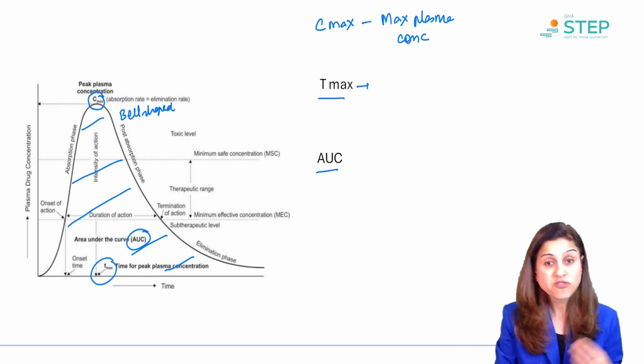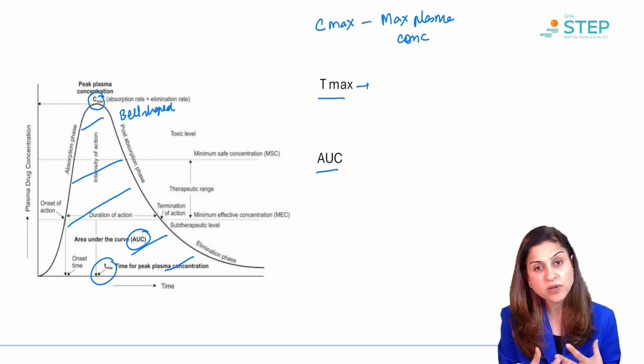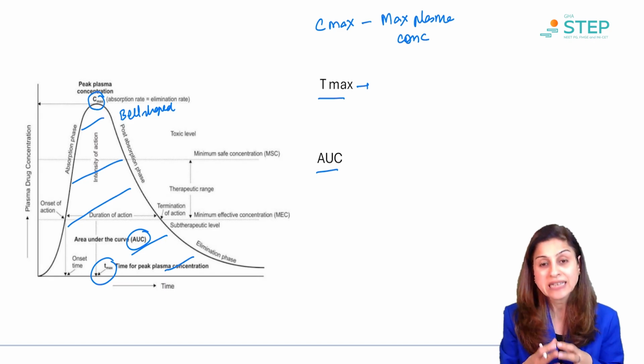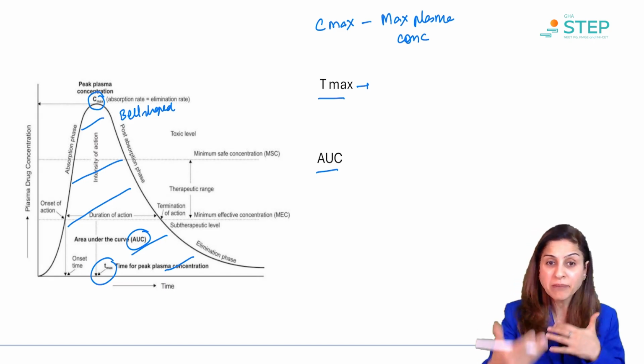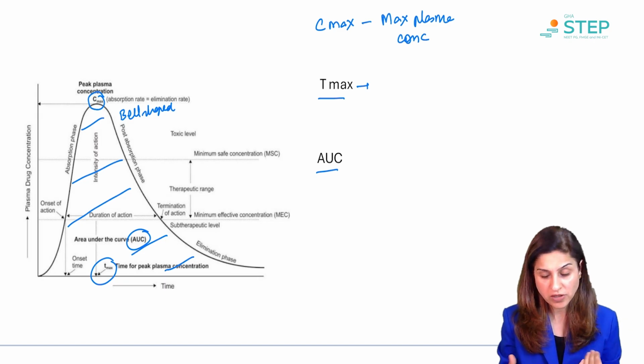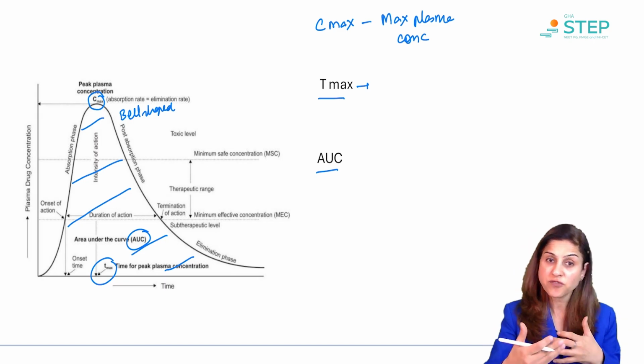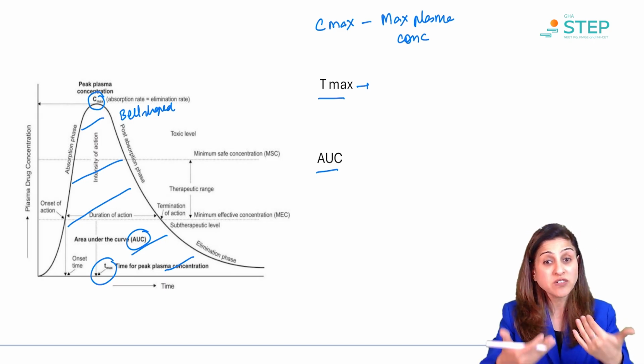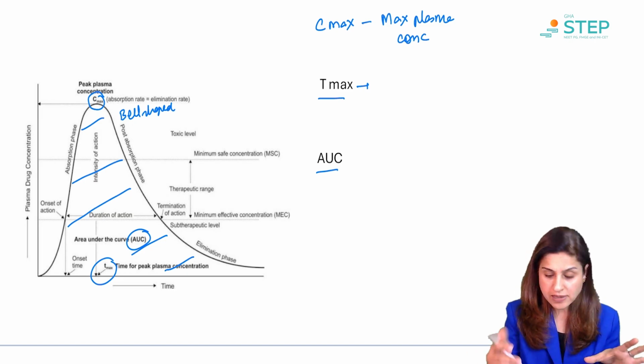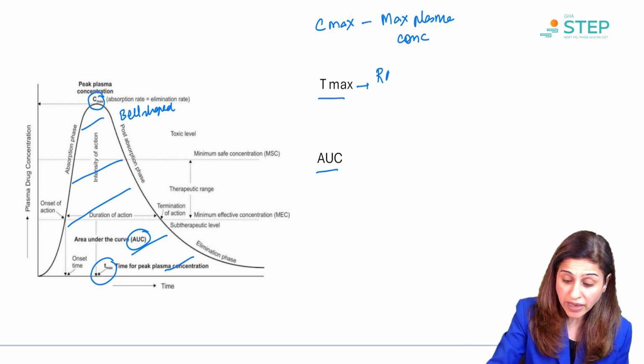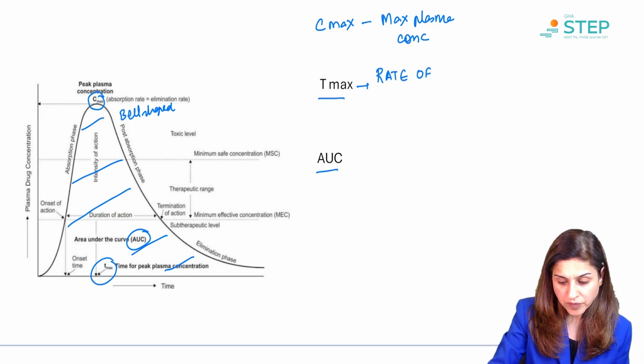How fast that maximum plasma concentration has been achieved is known as your Tmax, the time taken to achieve that plasma concentration. In some cases it can be achieved faster, in some cases slower. So this is nothing but the rate of absorption.